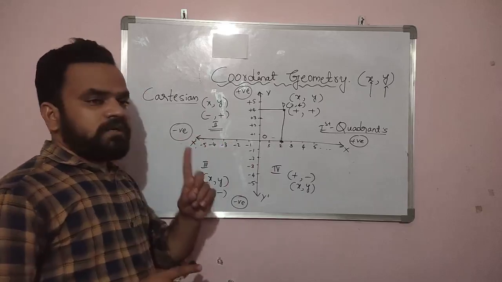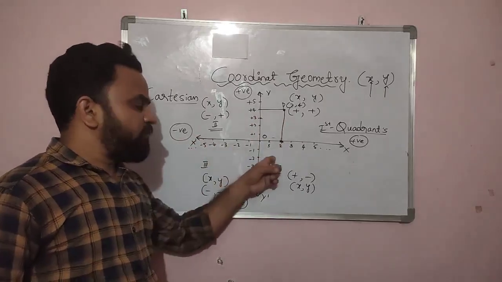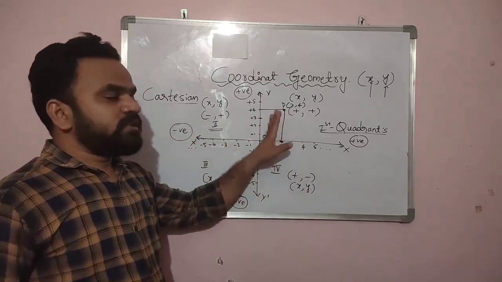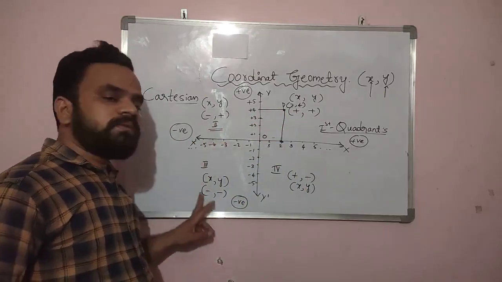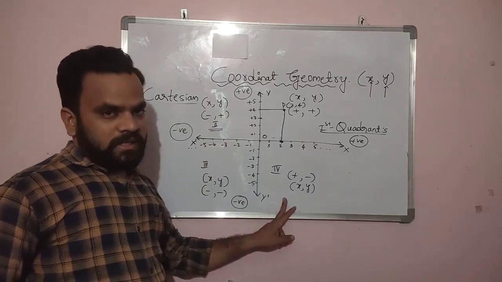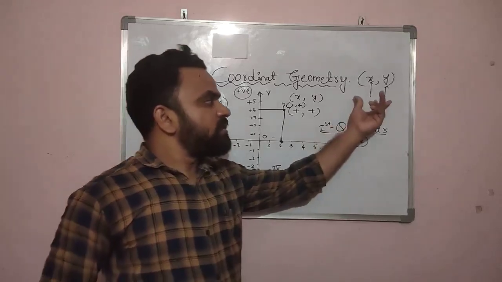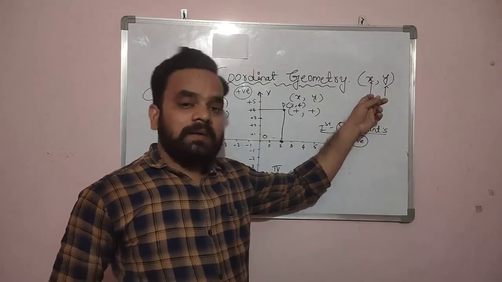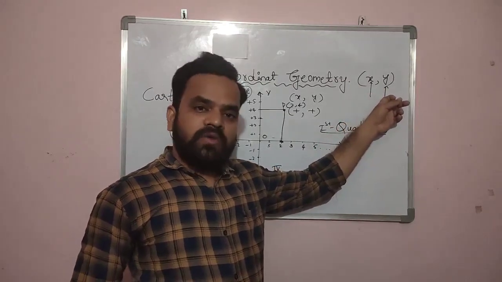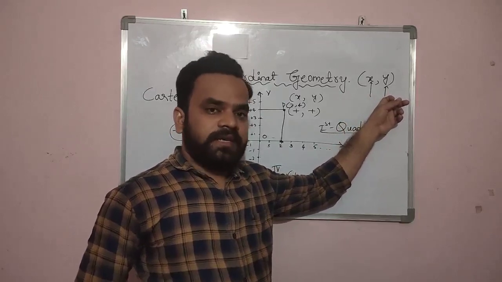One important thing is the 4 quadrants: first quadrant plus plus, second quadrant minus plus, third quadrant minus minus, fourth quadrant plus minus, right? So in coordinate geometry, we have x, called the x coordinate or abscissa, and y, called the y coordinate or ordinate.